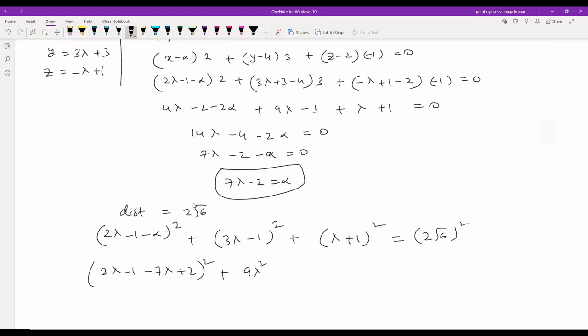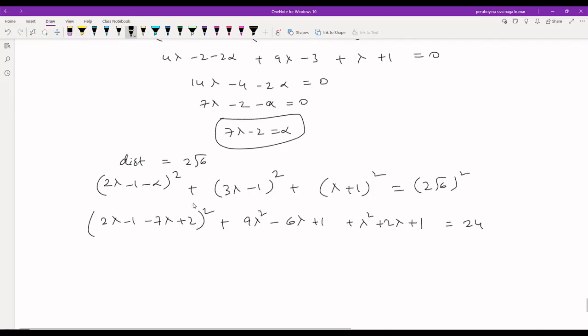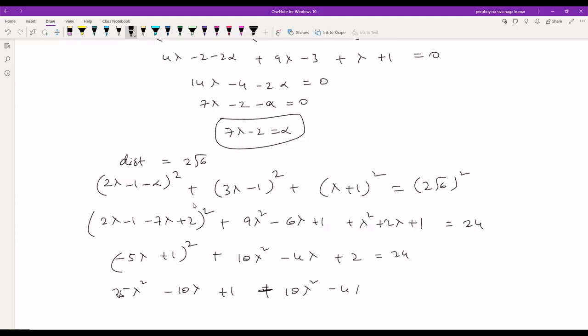9 lambda square minus 6 lambda plus 1, plus lambda square plus 2 lambda plus 1, is equal to 4 into 6, which is 24. This value is (minus 5 lambda plus 1) whole square plus 10 lambda square minus 4 lambda plus 2 equal to 24. So 25 lambda square minus 10 lambda plus 1 plus 10 lambda square minus 4 lambda plus 2 is equal to 24.